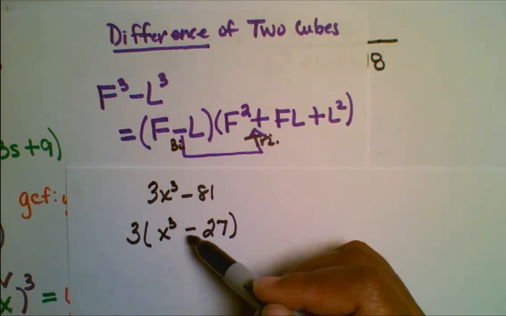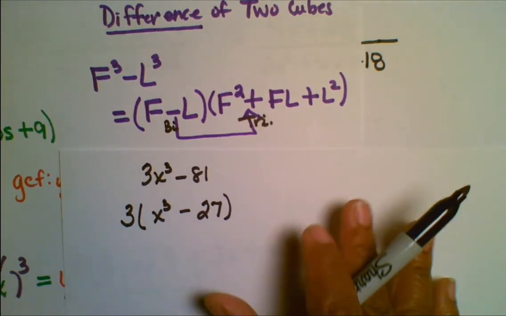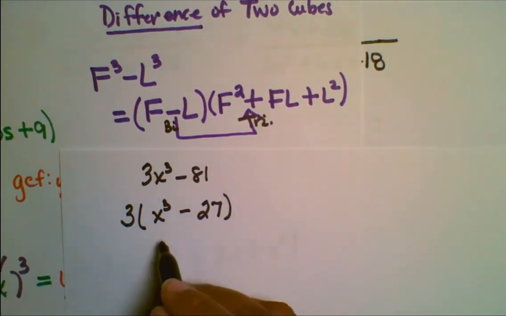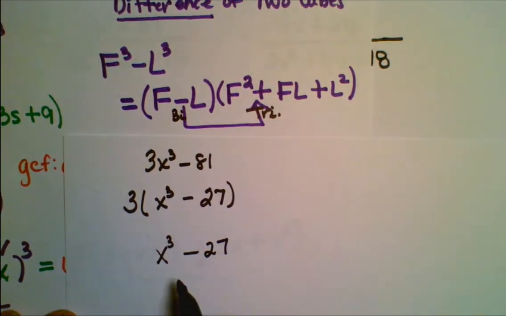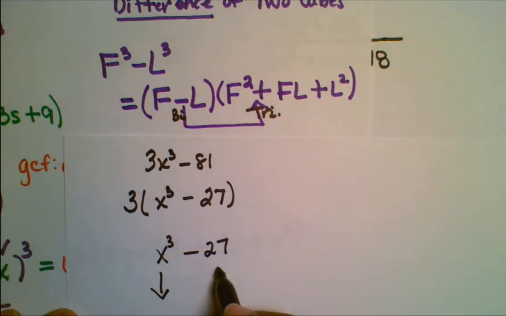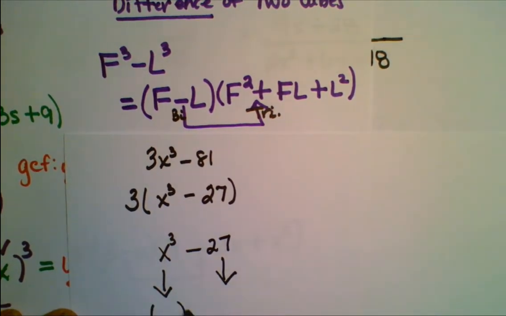So this is the part we want to factor, the x cubed minus 27. So let's look at x cubed and the 27. We need to find the factor. What will be that number that when we cube it will give us x cubed, and then as well as the 27.